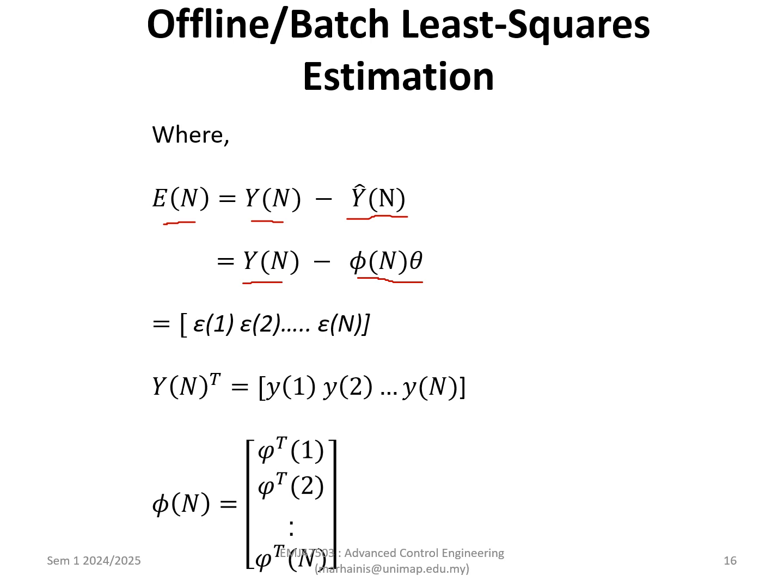Therefore, En equal to zeta 1, zeta 2 until zeta n, while Yn transpose equal to y1, y2 until yn, and Phi n equal to phi transpose 1, phi transpose 2 until phi transpose n.